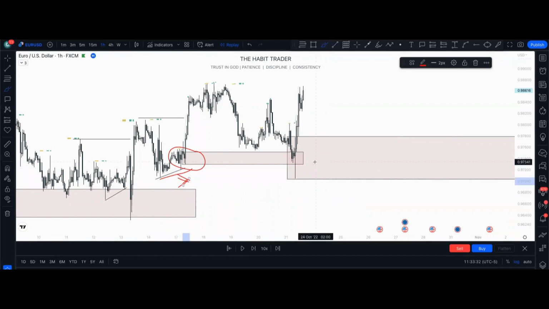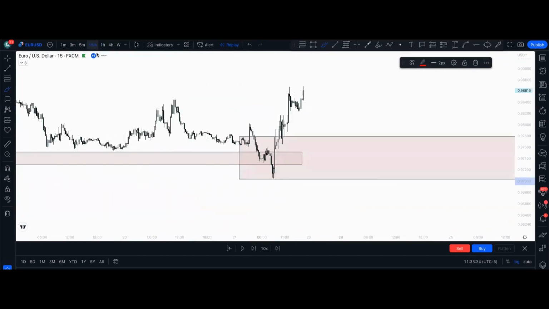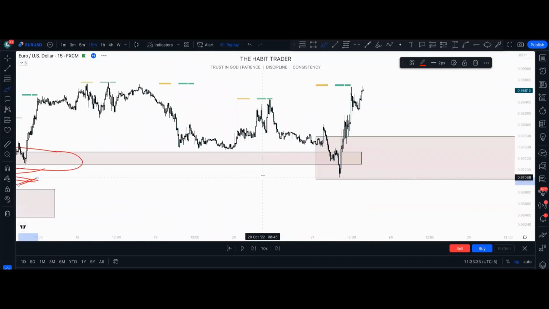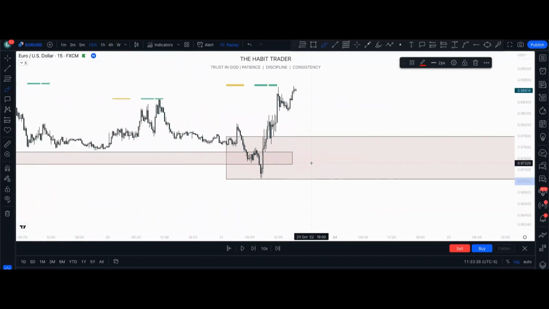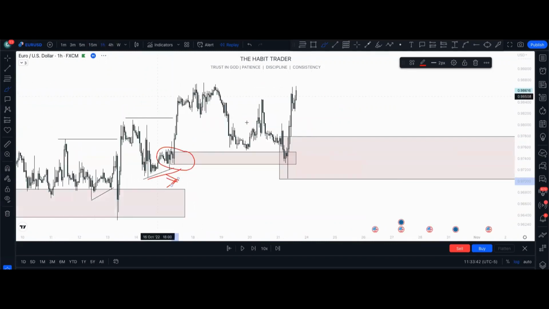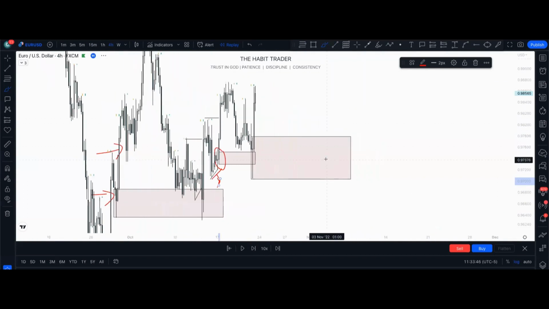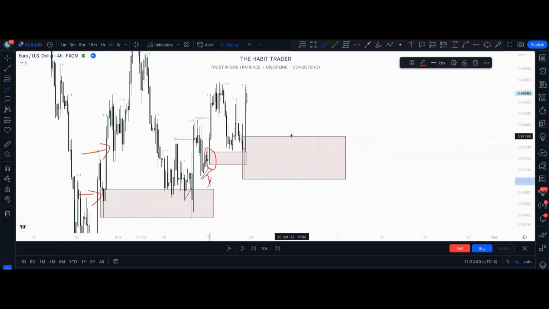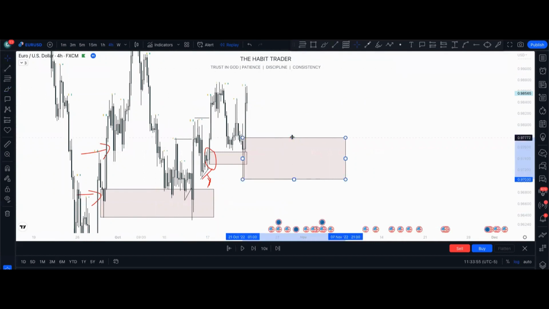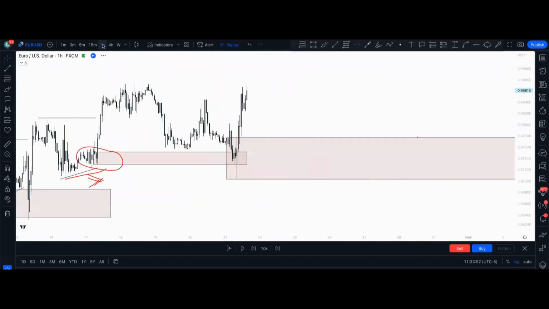So we want to make sure that we really have the confirmation before taking the trade. So since we have it, and if you want to see it in the higher time frame, you can try it, but for me, I'm looking at the 1 hour time frame.